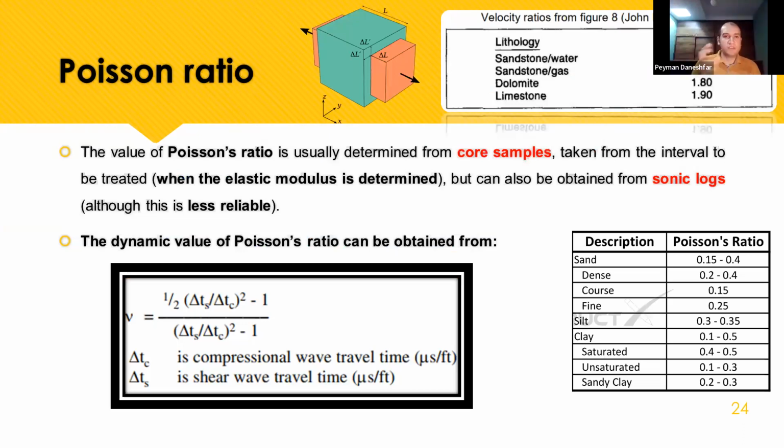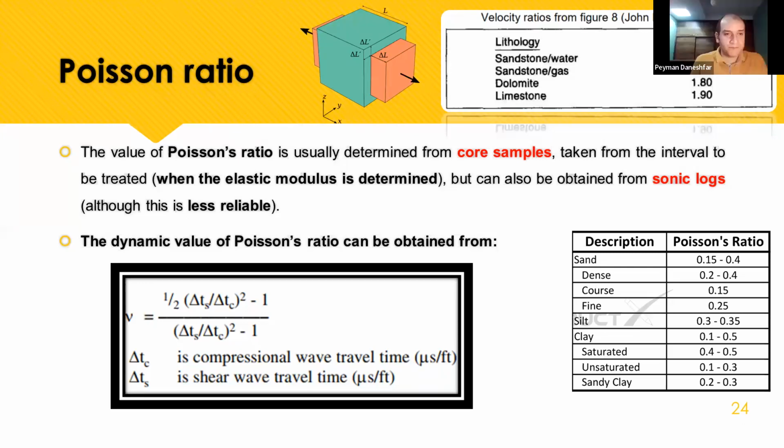It is determined from core samples, and first of all, you should find the Young modulus. After the Young modulus, you can find the Poisson ratio. If you didn't check any Poisson ratio, you can find it with the sonic logs, although this is less reliable. How can we calculate the Poisson ratio with the sonic logs?